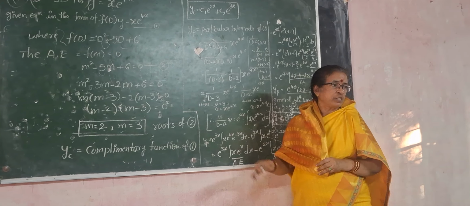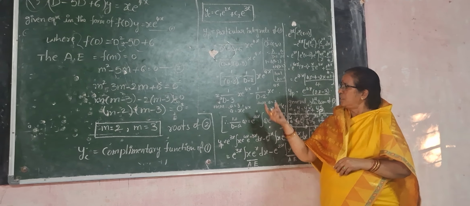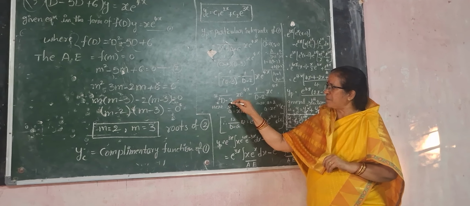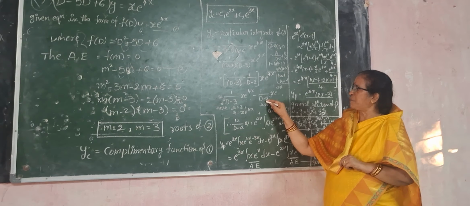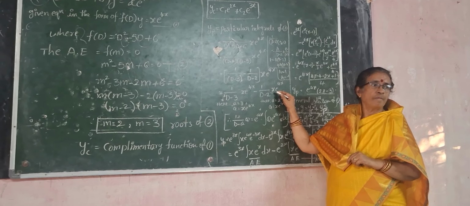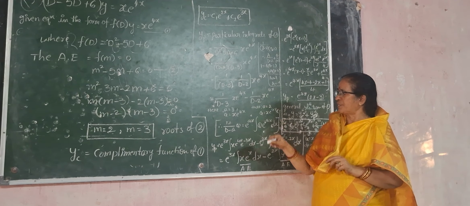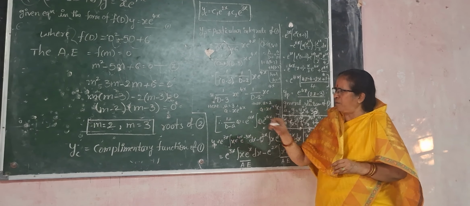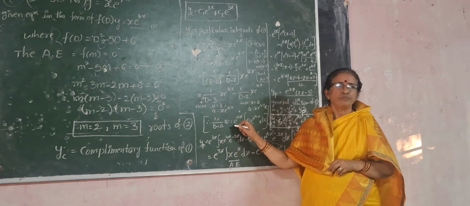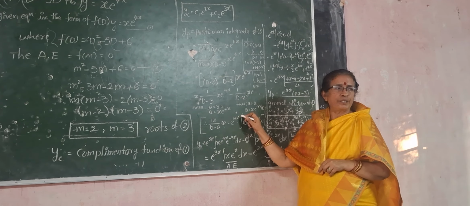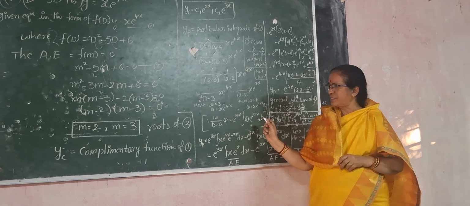So we can split into two integrals: 1 by (D minus 3) operating on x e power 4x minus 1 by (D minus 2) operating on x e power 4x. Now we know the formula: 1 by (D minus a) operating on Q equal to e power ax into integral of Q into e power minus ax.